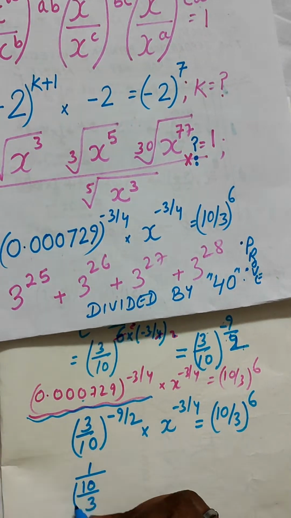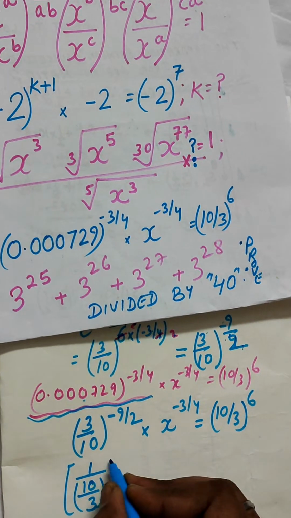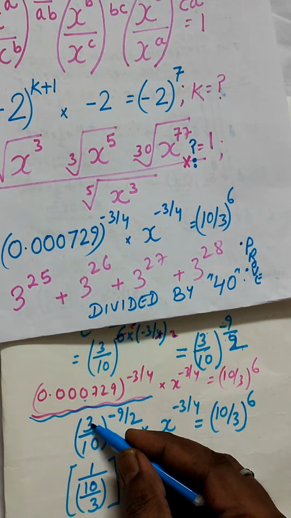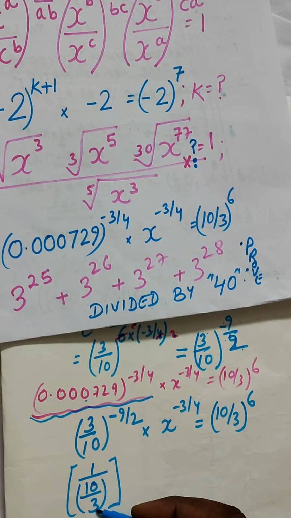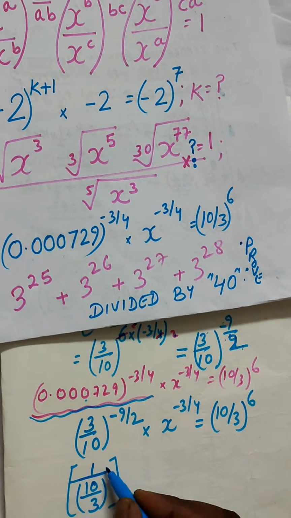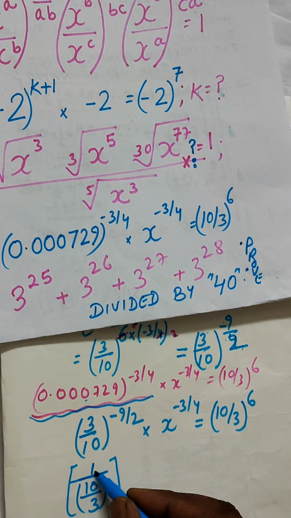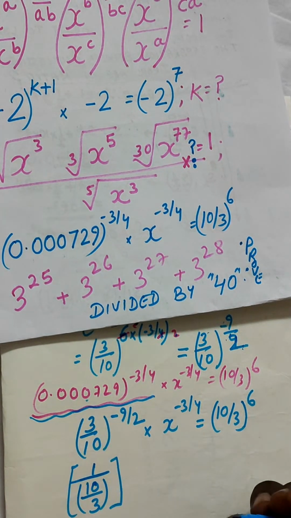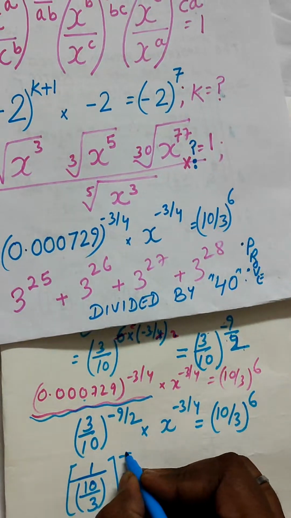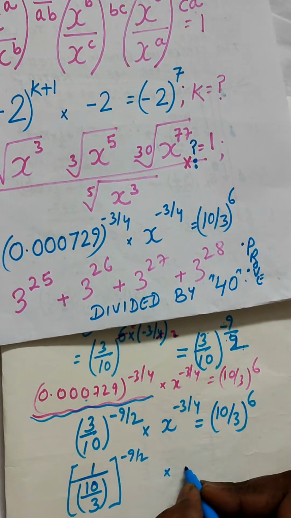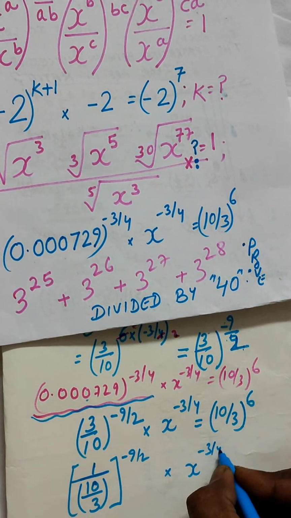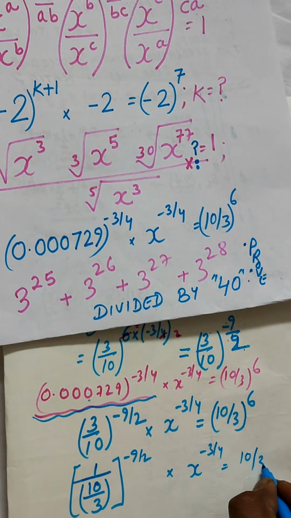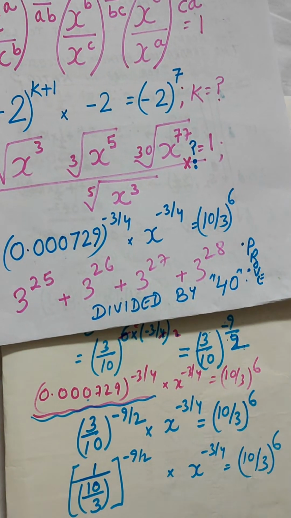Tell me. Because this numerator goes into the denominator's denominator. So 3 by 10 can be written as 1 divided by 10 by 3. So this will be coming as same, right? So minus 9 by 2 into x power minus 3 by 4 equal to 10 by 3 power 6, right?